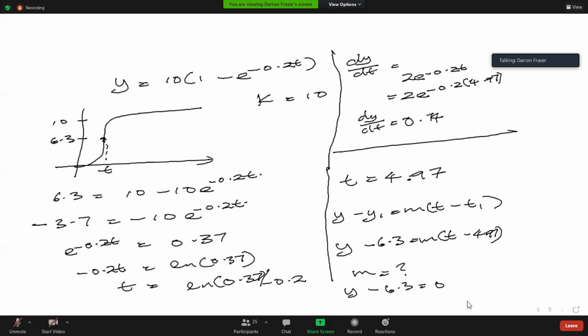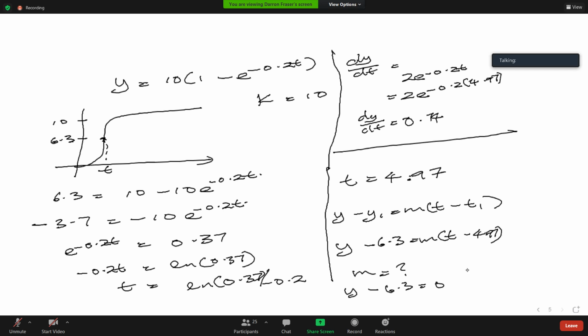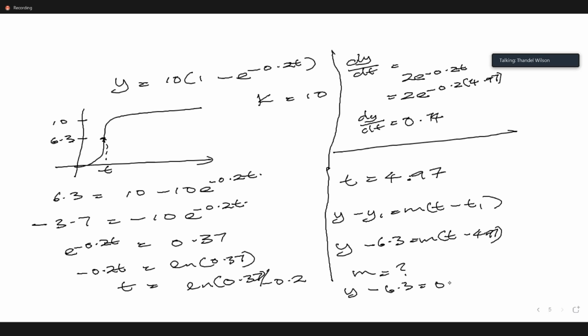Alright, so that is going to be 0.74 times t minus 4.97.